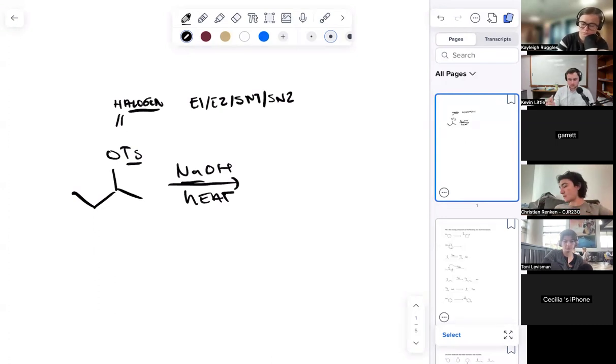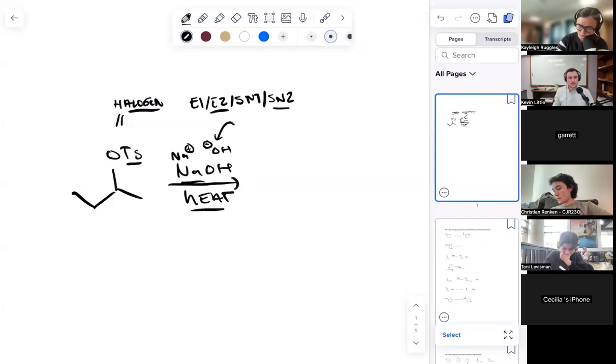You see a metal, that's a red flag. I know it's either an SN2 or an E2 because I have something that's charged present. Heat tells me that I'm probably going to be using an E2 instead of an SN2.